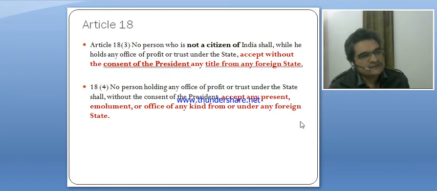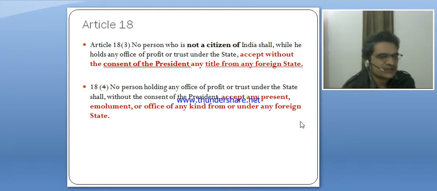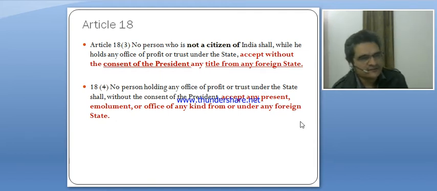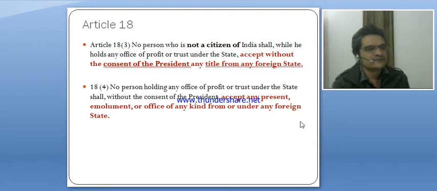But a person who is not a citizen of India but happens to hold an office of profit: here again, in this chapter of the fundamental rights, the office of profit has not been defined, but it says such a person shall not, without the consent of the President, receive any foreign title.